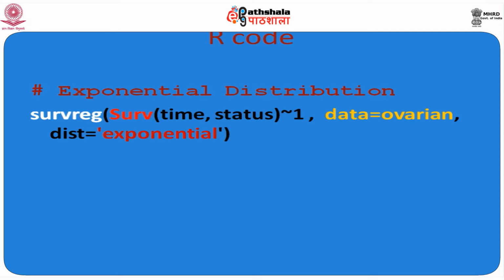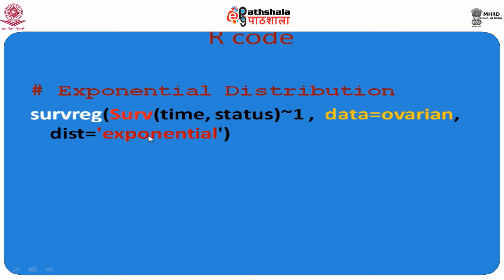This survreg is useful for the regression approach. The response of interest, obviously the time of observation, is assumed to follow the exponential distribution. So here we are calling dist equals exponential, and data equals ovarian.